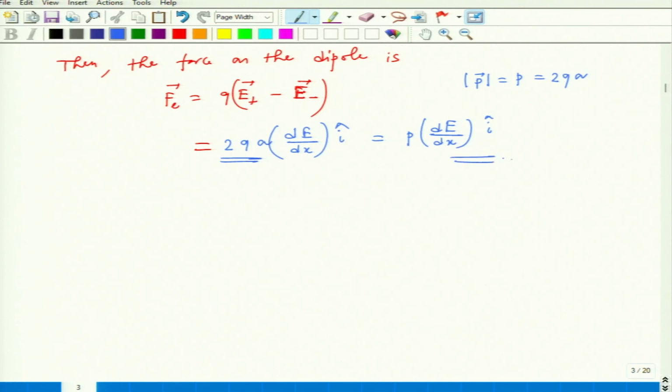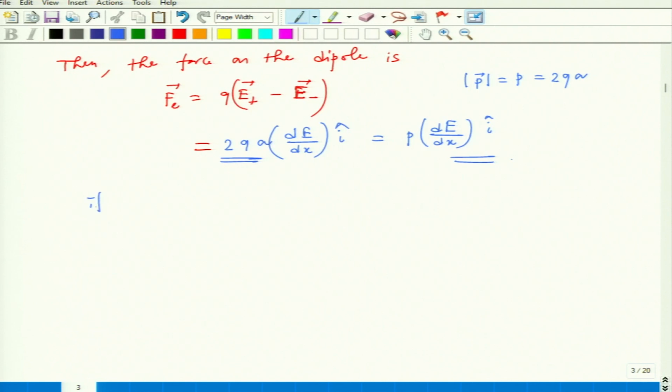Here we see that the force is basically proportional to the gradient of the electric field. If the electric field is constant, that means uniform, then the derivative becomes 0 and the force becomes 0. When the electric field varies with distance, there is a non-zero gradient, so we get a force on the dipole.